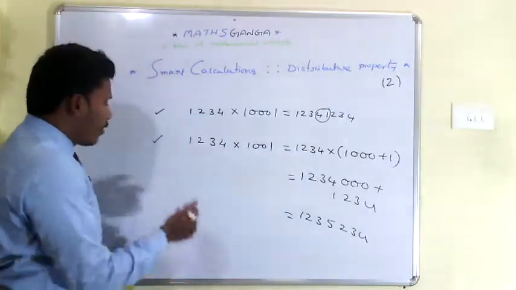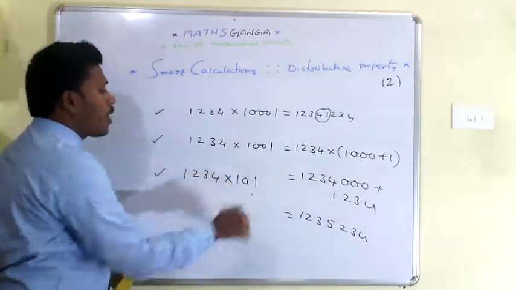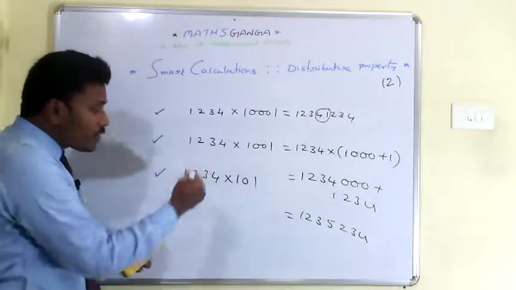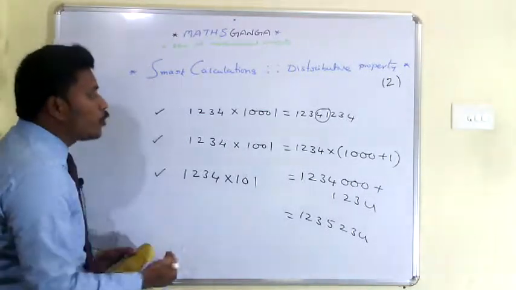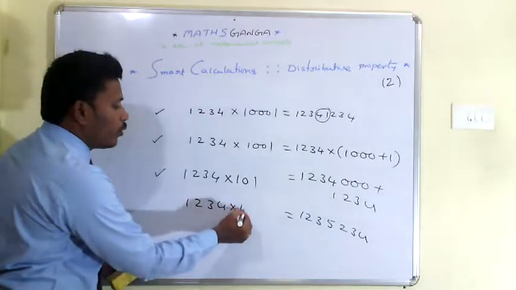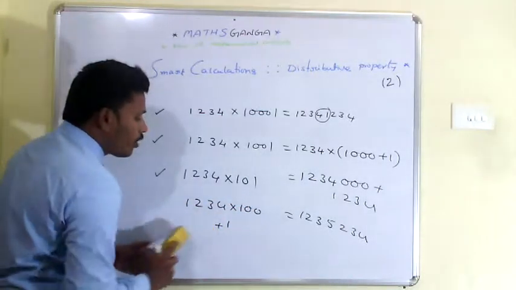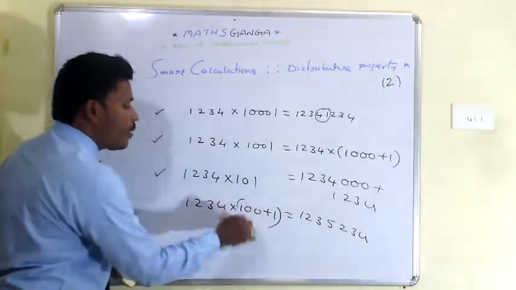Okay, suppose you multiply 1, 2, 3, 4 into 101, then what will happen? One more zero is reduced. Since we reduced one more zero, what is the answer? I am writing this 101 as 100 plus 1.